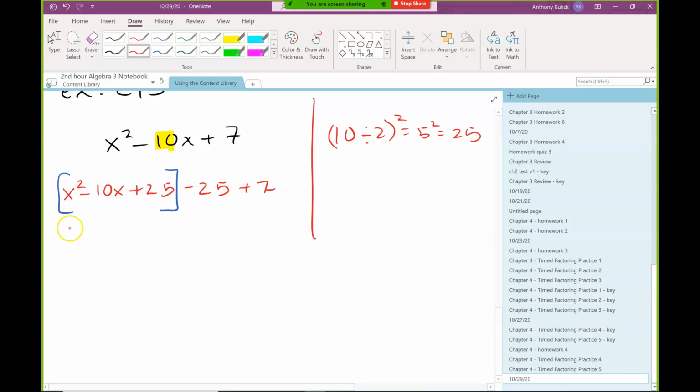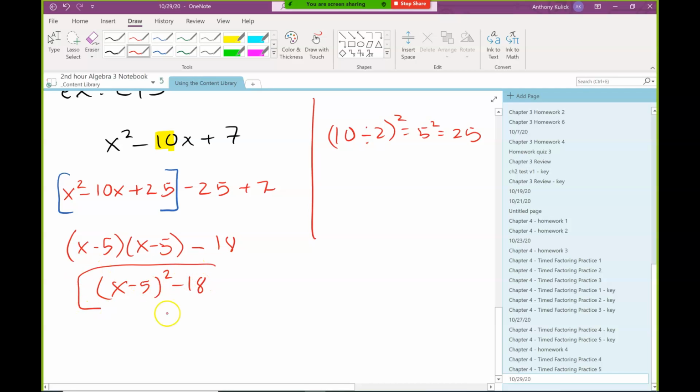Negative 5 and negative 5. It'll always be the same number twice if you've done things correctly. So it has to be that same value. And then negative 25 plus 7 is negative 18. And x minus 5 and x minus 5 I can just write as x minus 5 squared. And we're finished. It's not too bad, right?